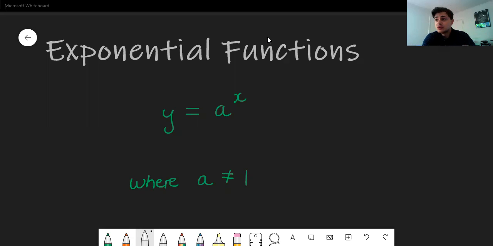If we have x equal to 3, we have 1 times 1 times 1, which just leaves us with an answer of 1 again. So having a base number of 1 is not going to give us much of a graph. So we'll look at other examples with different base numbers.